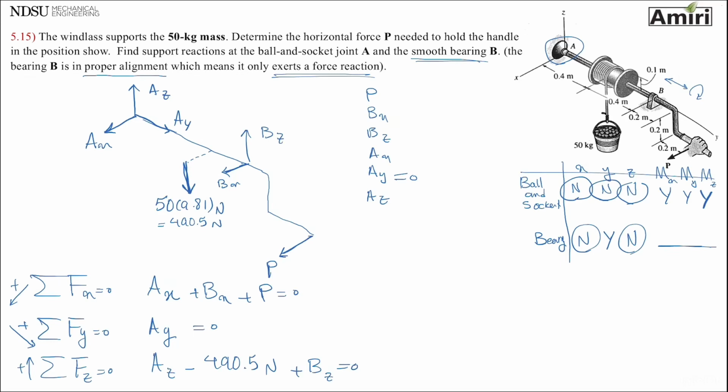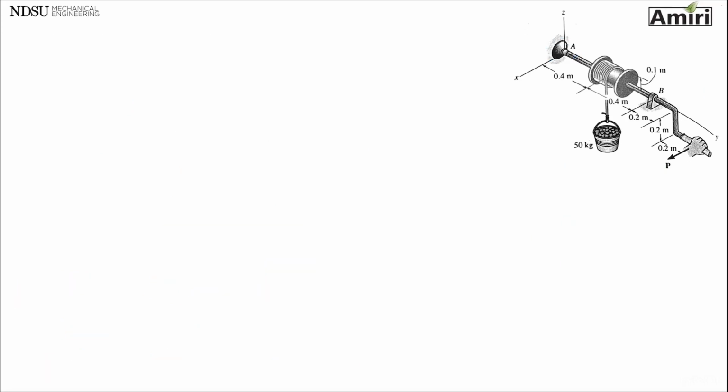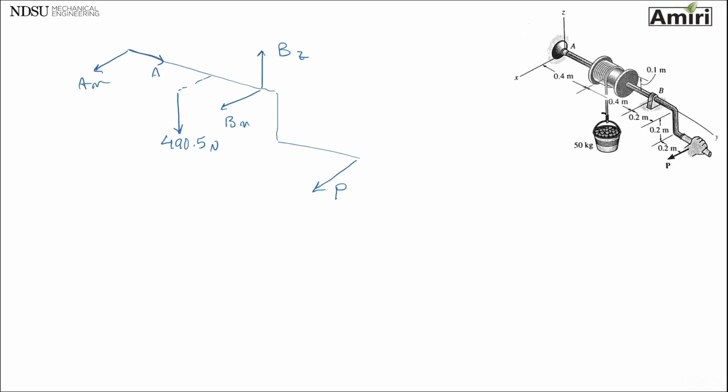So I still can't do any of these. So I have to go and do my 3 equations of moment as well. So let me really quick redraw the whole thing. P, BZ, BX. That one is 490.5. AX, AY, and AZ.